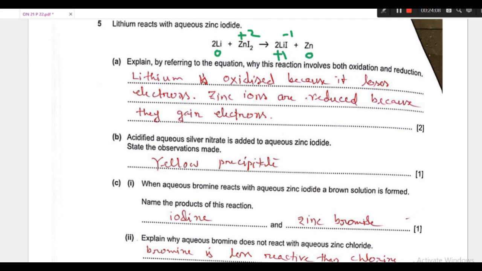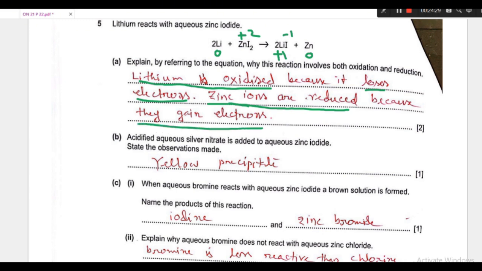So lithium is oxidized, 0 to plus 1, that means it loses electrons. Zinc ion, zinc 2 plus to 0, is reduced because it gains electrons.